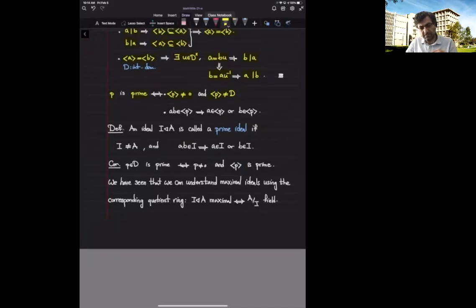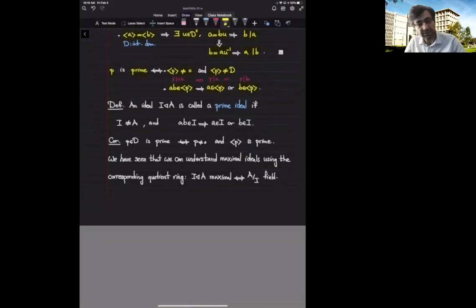Now, how about the last one? P divides AB is equivalent to saying that AB belongs to the ideal generated by P. This is supposed to imply that either P divides A or P divides B. P divides A is equivalent to A belonging to this ideal, and P divides B is equivalent to B belonging to this ideal. So altogether, being prime can be translated into the language of the ideal generated by P.